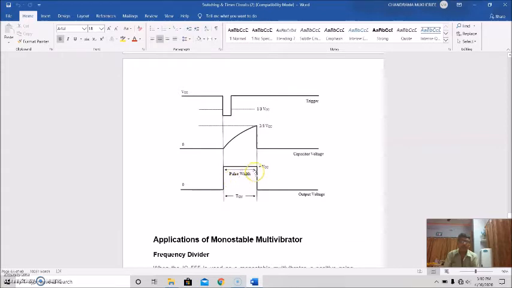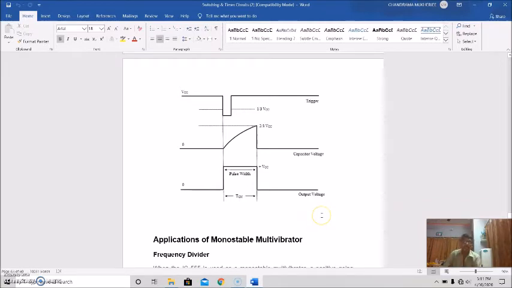This is actually the output voltage. So this is the pulse width. So that's all about the operation of the IC 555 timer as a monostable multivibrator.